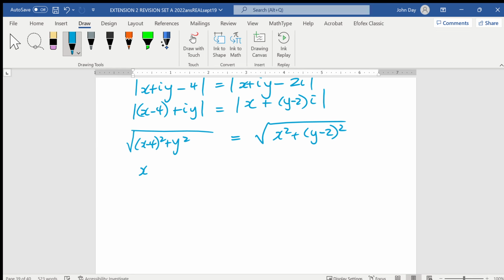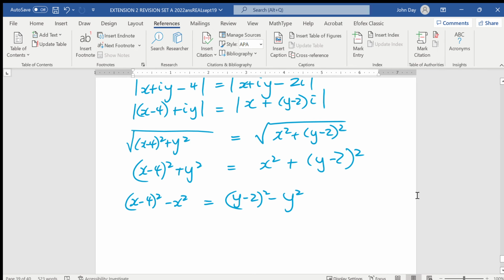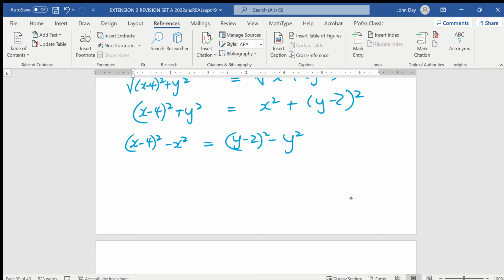Square both sides and we get x minus 4 squared plus y squared equals x squared plus y minus 2 squared. There we go. Let's get all the x's across here. So we've got x minus 4 squared minus x squared equals y minus 2 squared minus y squared. I can then go, that will be a squared minus b squared.